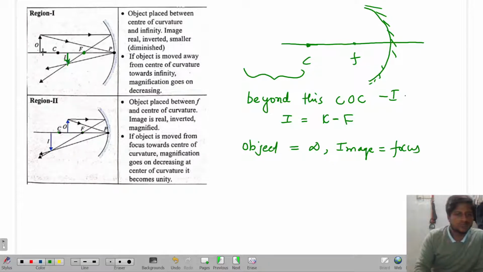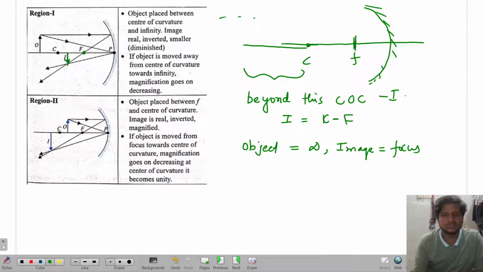Now, what you are observing as you are moving towards the center of curvature: when the object was fully at infinity, the image was getting formed at focus. That means if I am moving towards the center of curvature, we are coming nearer and nearer. What is happening? Let's suppose if the object is here, the image will be formed over here. If the object is here, the image will be formed at this point.